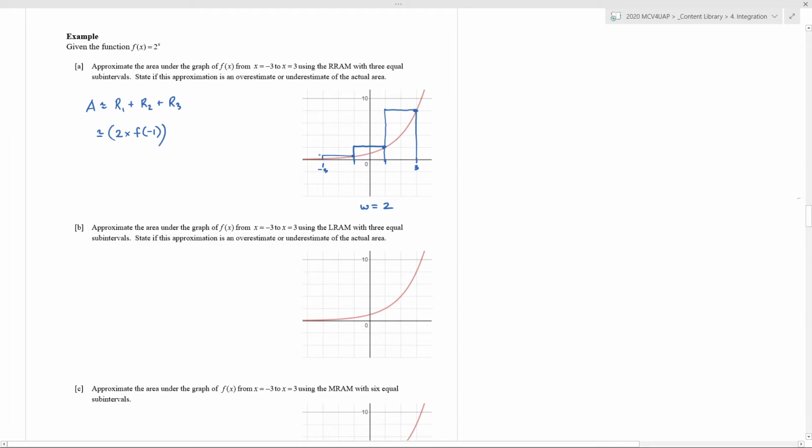This height here would be f at -1. Plus the area of rectangle 2 would be a width of 2 times the height, which is the value of the function at 1. And my third rectangle would be the width 2 times the height, which is f at 3.